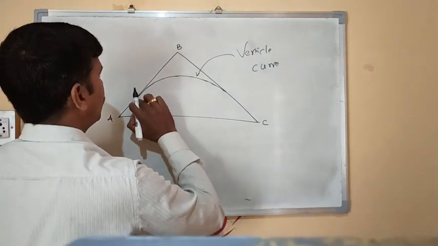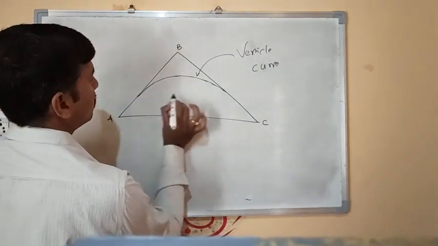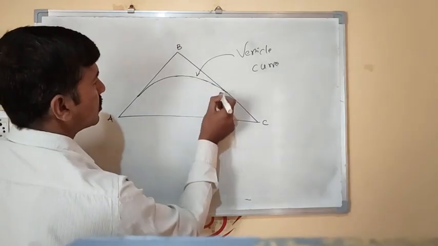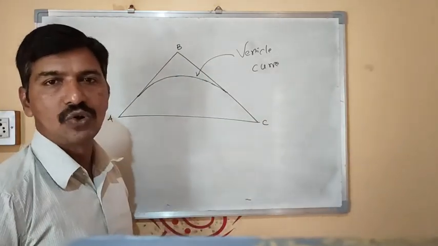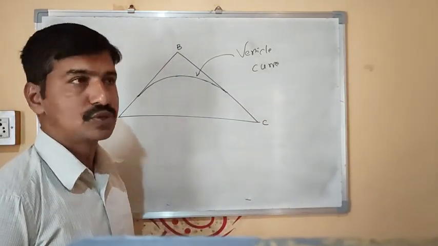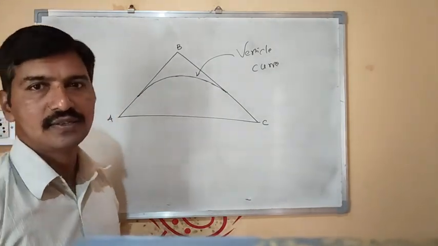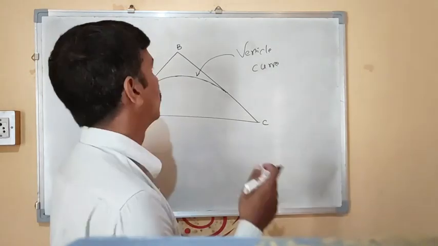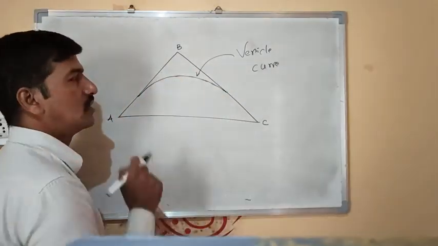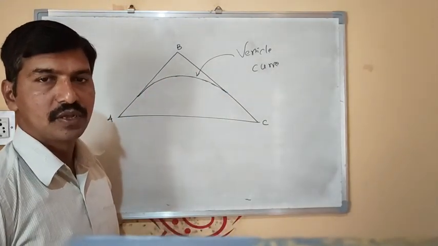So we perform a smooth arc like this, which is called the vertical curve. Most of the time, in ghat sections or where we have different gradients, we have to introduce this vertical curve.